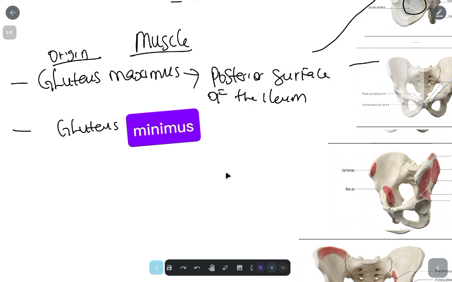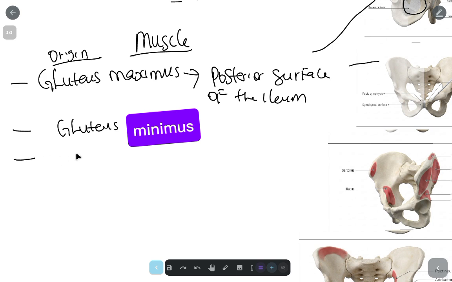So remember, we have the posterior, then after the posterior we have the anterior, and after the anterior we now have the inferior. So between the anterior and the inferior gluteal line, that is where you're going to see the gluteus minimus.